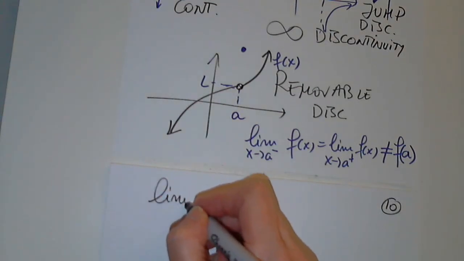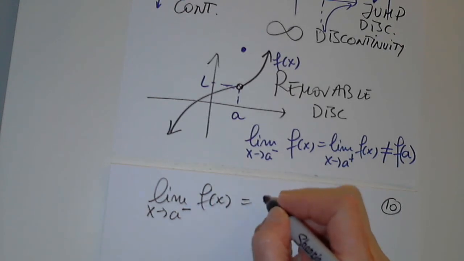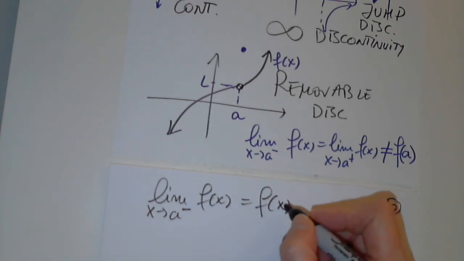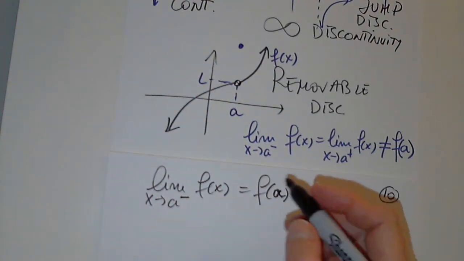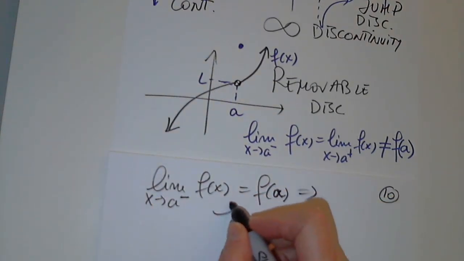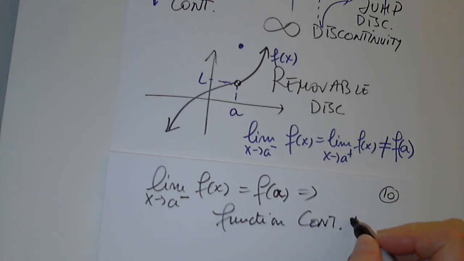So the limit as x approaches a from the left of f of x equals f of x, or I should say f of a, that's better. Then the function is continuous from the left.